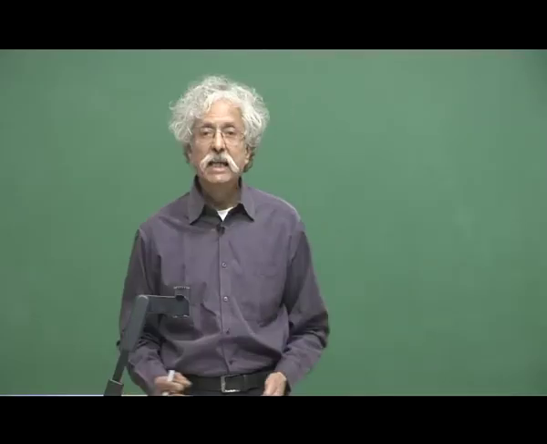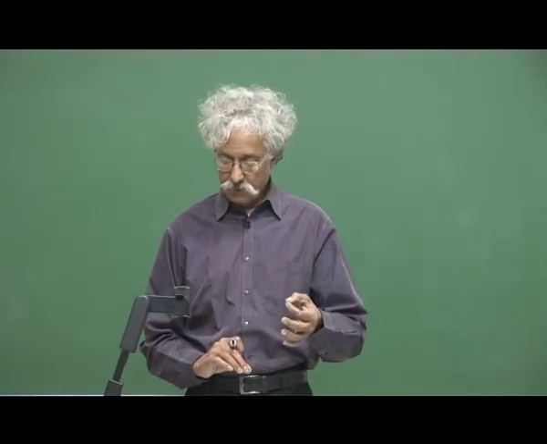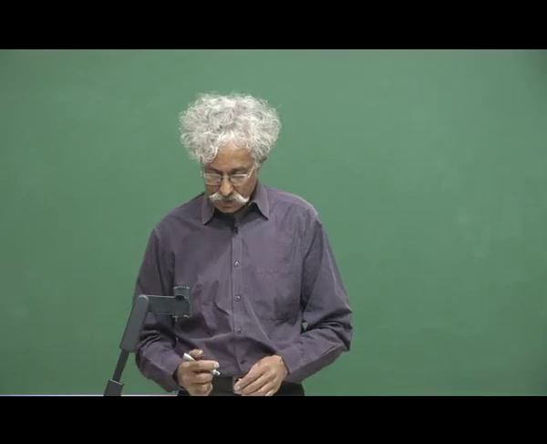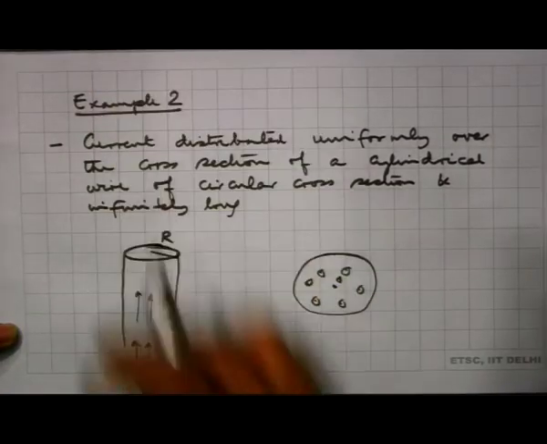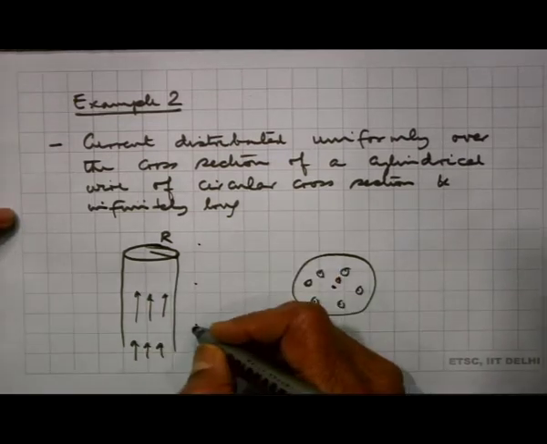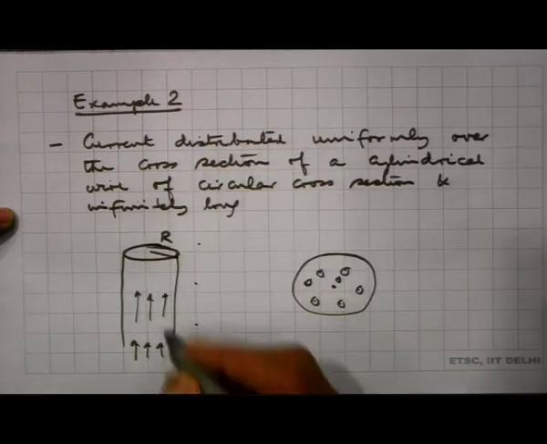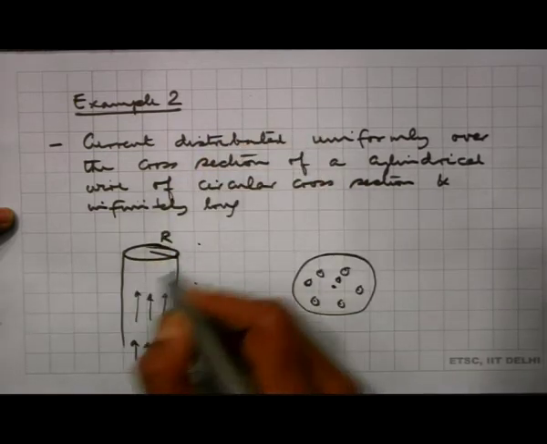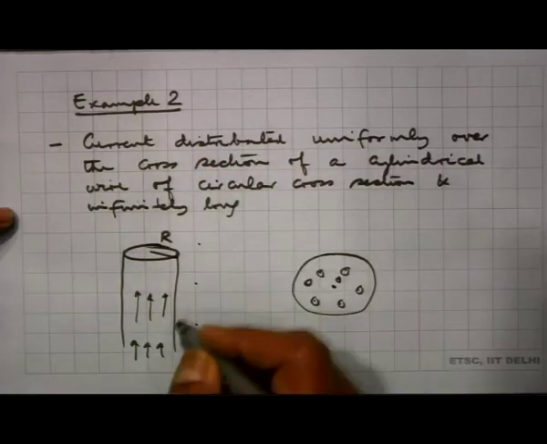Now, I can use the same argument as for an infinitely long thin current carrying conductor and say that the magnetic field cannot have a dependence on this position, because it is infinitely long. So, all these points are exactly equivalent. Because it is a wire of circular cross section, the magnetic field cannot have a phi dependence, a dependence on angle.